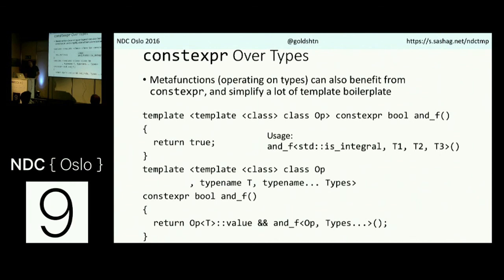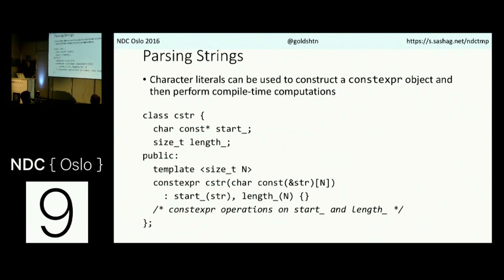So my final example from the constexpr area is one I came across about a year ago, or maybe a little more, which is parsing strings at compile time. So here's a little class called CSTR, for compile time string, which has a constructor from an array of characters with a known size.